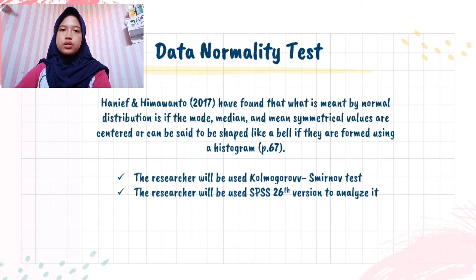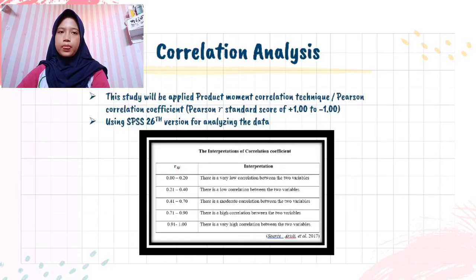There are several kinds of tests to determine the normality of the data, but the researcher will use Kolmogorov-Smirnov, where the significance value is more than alpha 0.05, and to carry out this test, the researcher uses the 26th version of the Statistical Product and Social Science program.